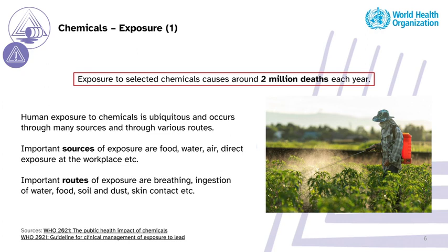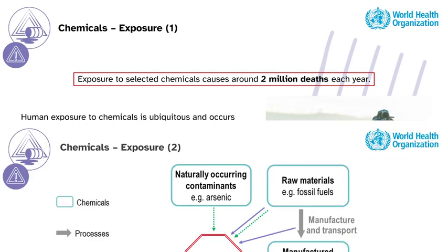Chemicals are everywhere, and exposure to them occurs through many sources and routes. Important sources of exposure are, for example, food, water, air, direct exposure to chemicals in the workplace. Important routes of exposure are breathing contaminated air, ingestion of contaminated water, food, soil, and dust, and skin contact with chemical agents.